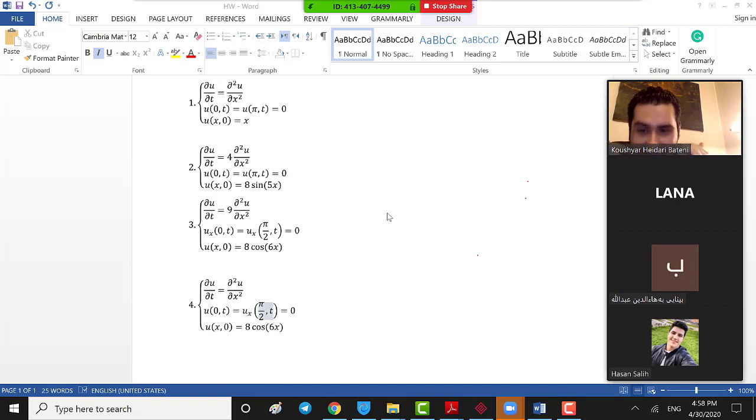Now, guys, listen. In this example that we are solving, we have a 1D heat equation type 3. How do we know that? By looking at the boundary conditions, right?